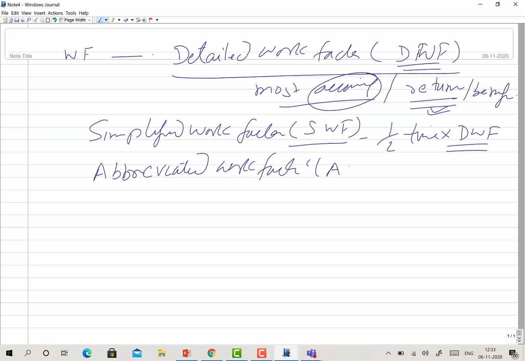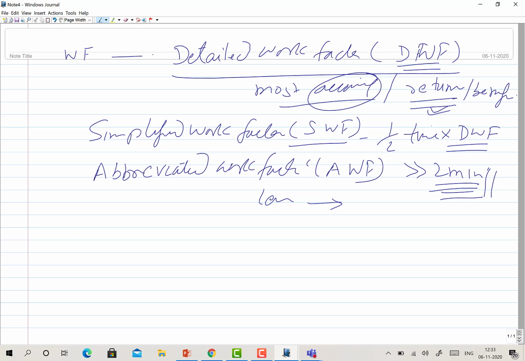This is called AWF, and this is applied when the job cycle time is greater than 2 minutes. So this takes even less time as compared to the simplified or detailed work factor methods, but the accuracy is quite good as far as the time is concerned, especially when the cycle time is greater than 2 minutes.